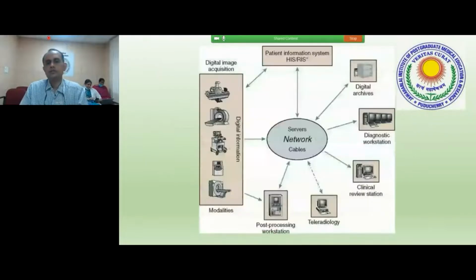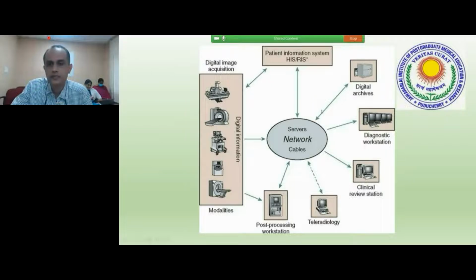So this is a simple representation of the PACS architecture. We have all the digital image modalities, the fluoroscopy, the MRI, CT, ultrasound, and computer radiography. And all these images are routed to the archive where the images are stored either directly or after post-processing in a post-processing workstation.